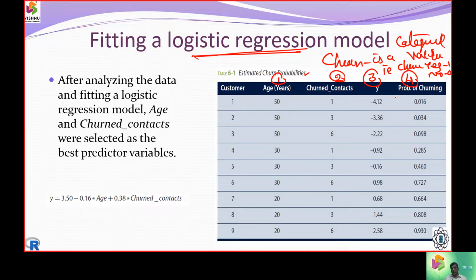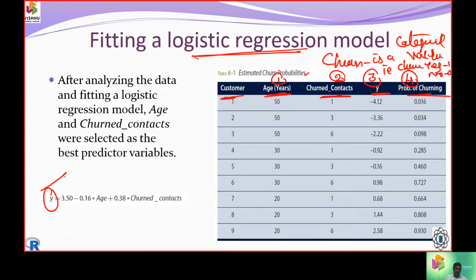That is going to be estimated. So: customer, age, churn contacts, Y, and probability of churning.